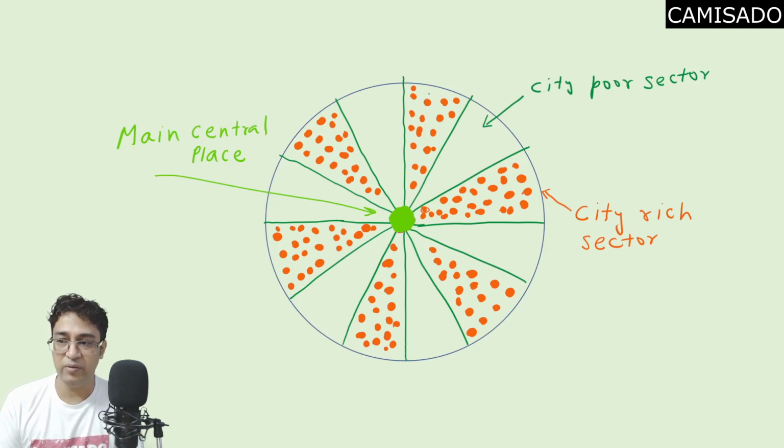Here you see city rich sectors and city poor sectors. The city rich sectors are those where more functions are available, and the city poor sectors are those where lesser functions are available. This was in brief the modification of the central place theory by August Losch.